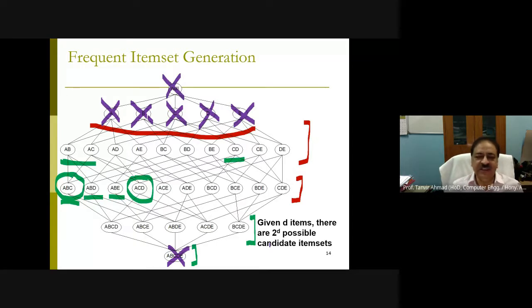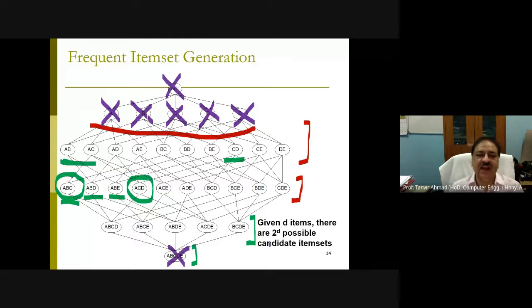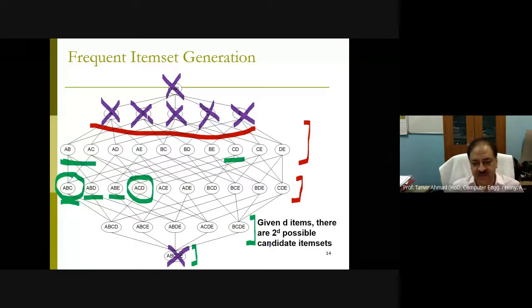Because for ABCD, if you take everything on the left-hand side, nothing is there on the right-hand side. Therefore, I can remove those 7 item sets. Then for all those remaining, I have to find the support and the confidence, and I can prune those item sets which do not have the minimum support and the minimum confidence.